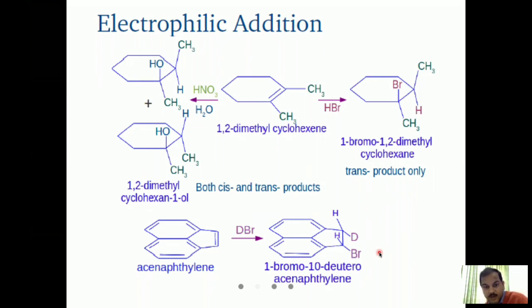So that way it can be discussed how deuterium and bromine will attack. The bromine-deuterium bond breaks, and at the same time the carbon-deuterium bond forms, so both are attacking on the same side. That is the point. That's why there is cis addition, not trans addition.